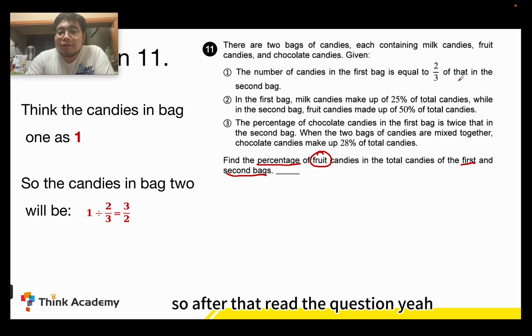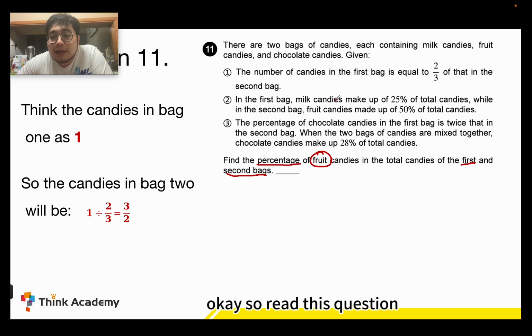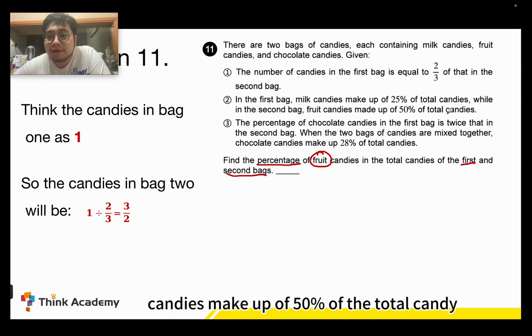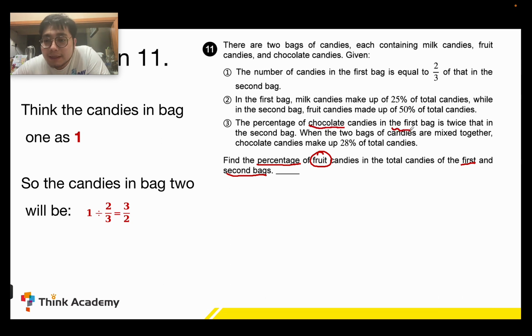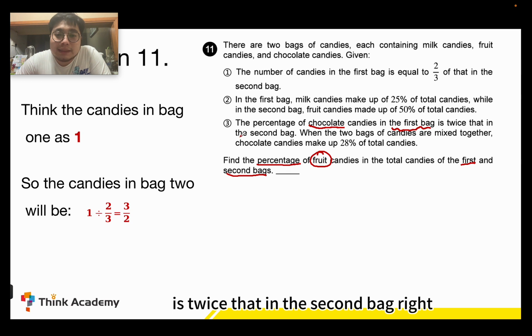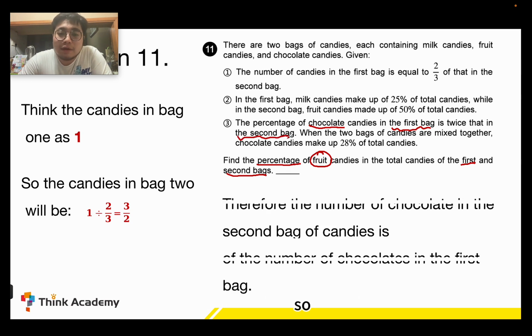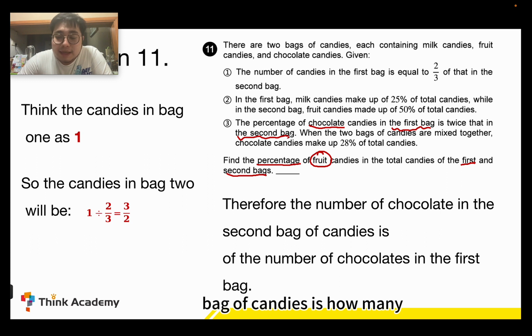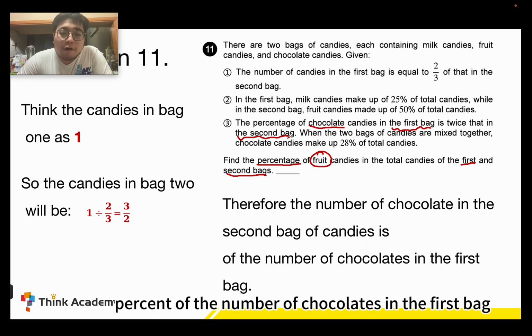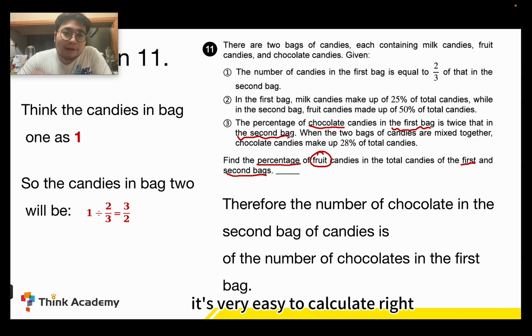So after that, read the question. Okay, so the second bag's fruit candies make up 50% of the total candies. And then we know the percentage of chocolate candies in the first bag is twice that in the second bag, right? So the number of chocolates in the second bag is how many percent of the number of chocolates in the first bag. It's very easy to calculate, right?